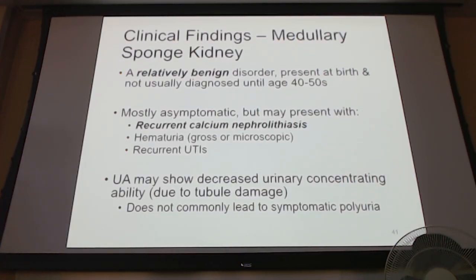No. Usually not, not simply by virtue of having medullary sponge kidney. Obviously, all of these conditions that we've talked about over this block can potentially end up resulting in degradation of renal function. But medullary sponge kidney, in and of itself, does not usually result in loss of renal function.